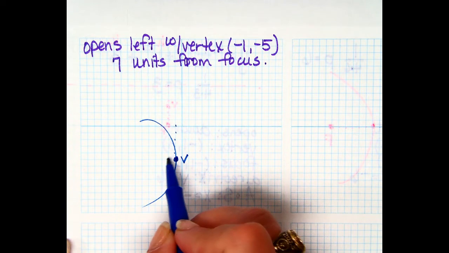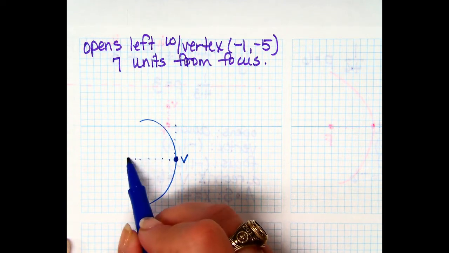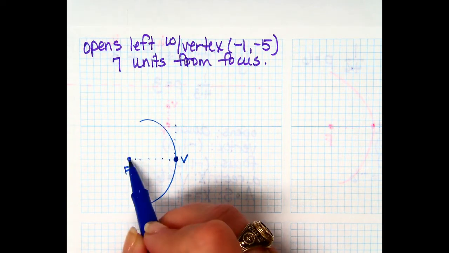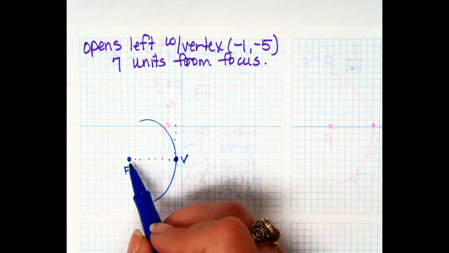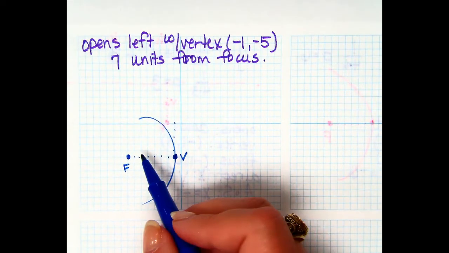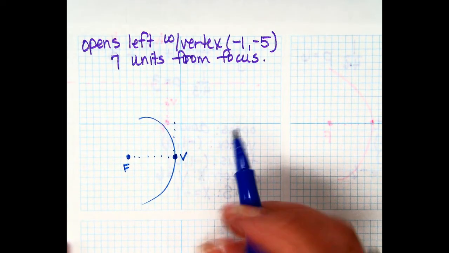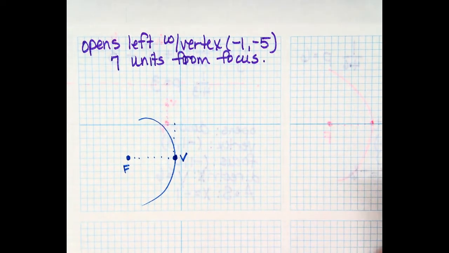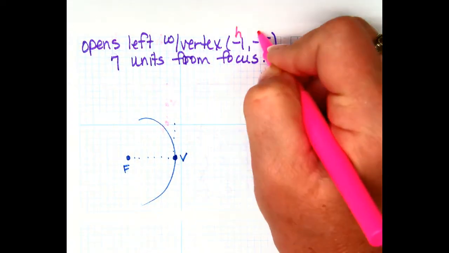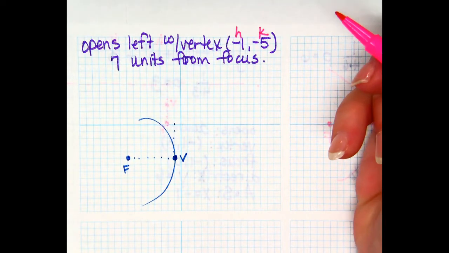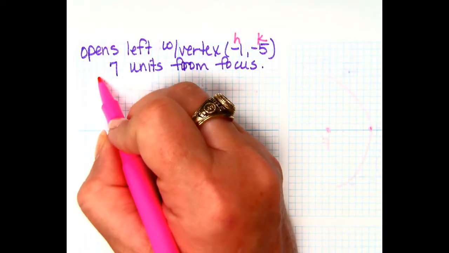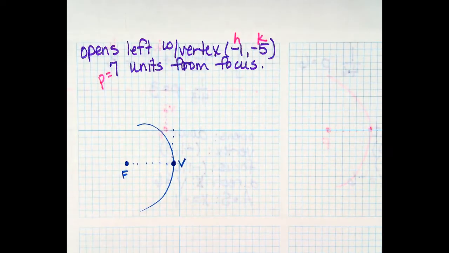Left. 1, 2, 3, 4, 5, 6. Now, do I care where that is? I could count it and figure out where it is, but do I care? I do not, because what I have already is h, k, and what else do I have? I have p, don't I? And isn't that all I need?